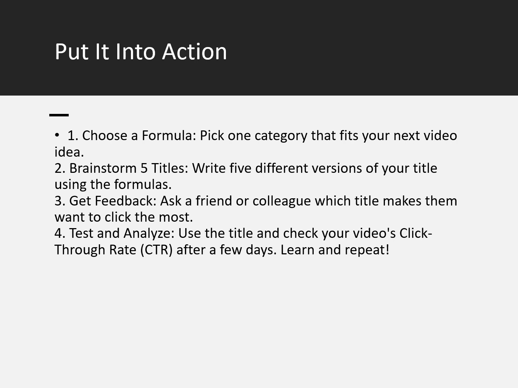A third way to put this into action is to give feedback. Ask a friend or colleague which title makes them want to click most on the video. And a fourth way to put these formulas into action is to test and analyze them. Use the title and check your video's click rate after a few days.